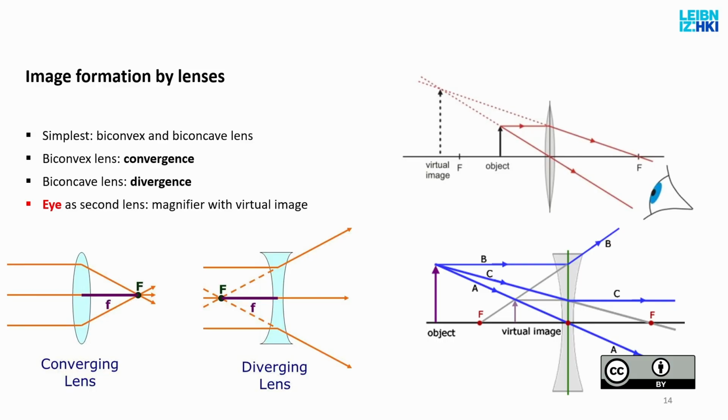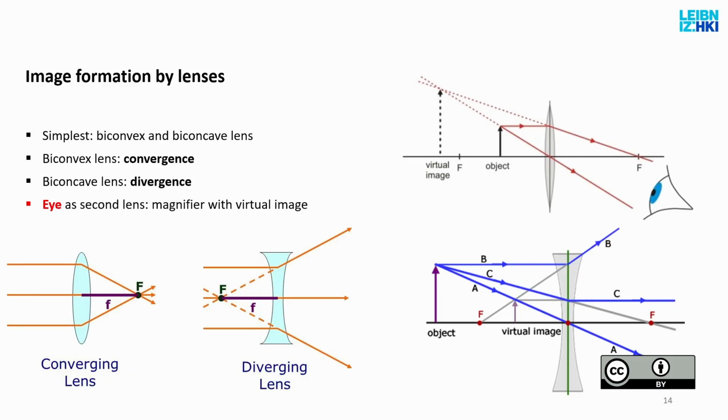The same is true for a lens which has a concave surface, that is, it's bending in. The light that goes through the center of the lens will not change directions, and the light that was going through the focal point will be made into a parallel.